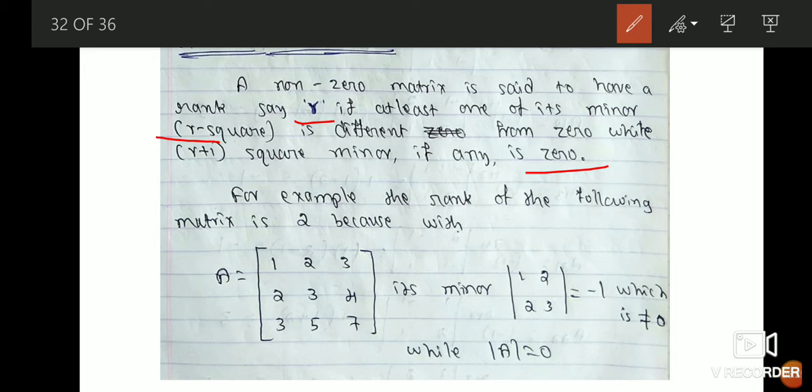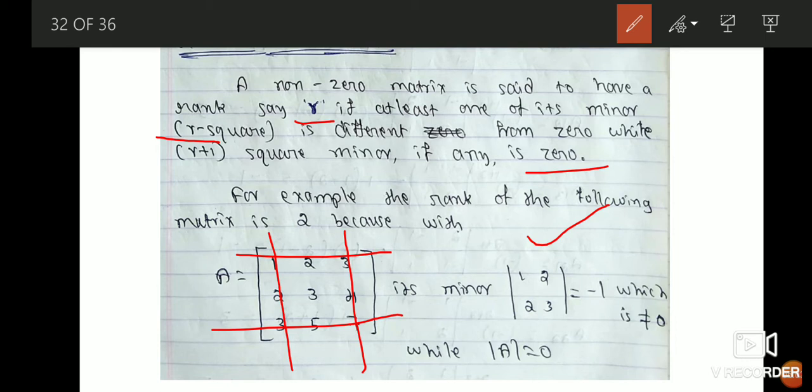For example, consider a matrix 1 2 3, 2 3 4 and 3 5 7, which has 9 minors that we all know, A11, A12, like that. Consider any one minor, A11. Here is the one minor that we have taken: after eliminating the third row and third column, we get 1 2, 2 3, which is equal to -1.